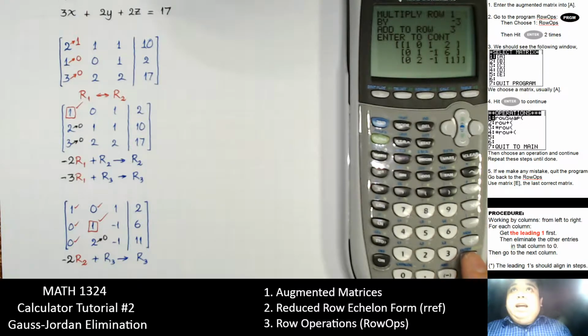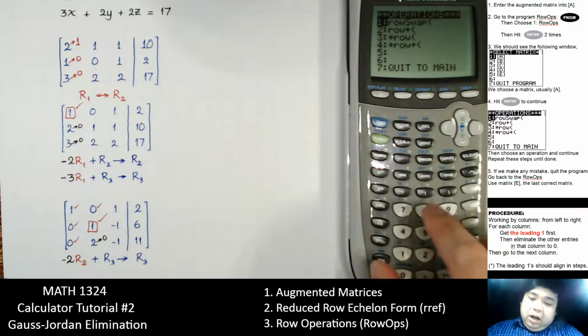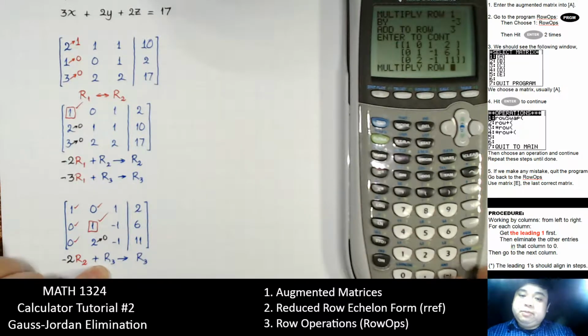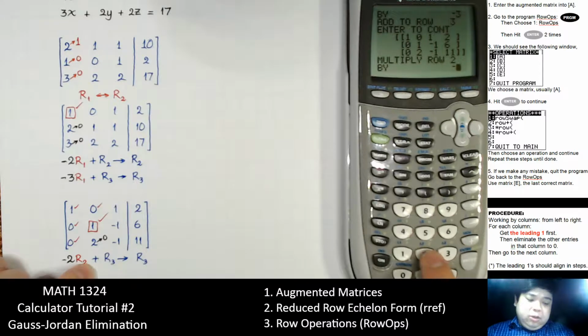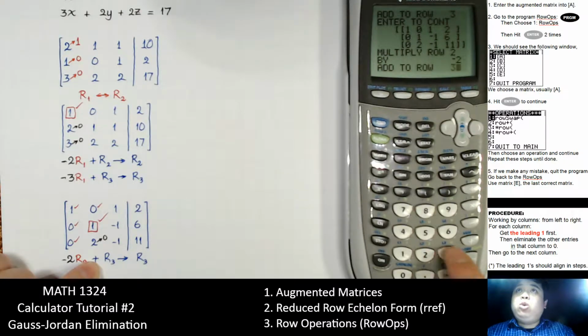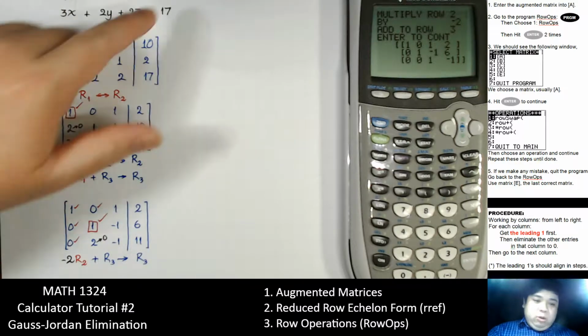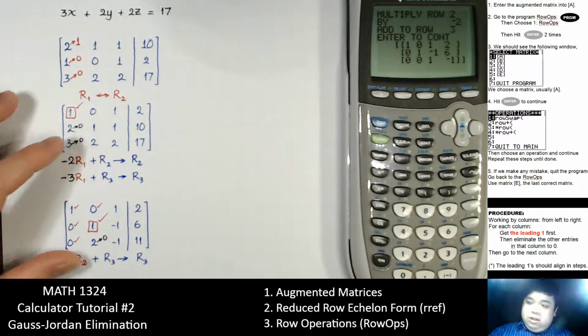So hit enter to continue. Again, option number 4, multiply to a row and then add. Multiply row 2 by -2 and add to row 3. That. I'll continue on this side.